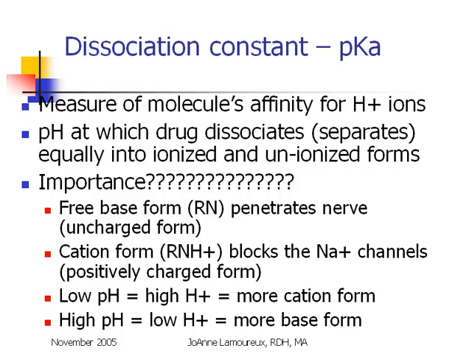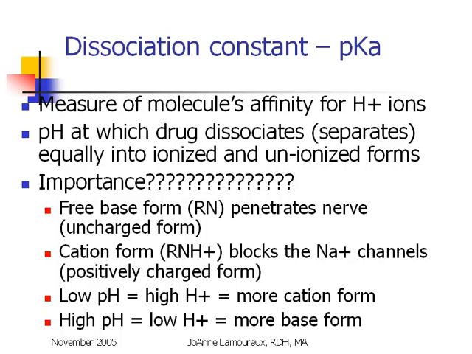As I mentioned, in the solution, the local anesthetic exists simultaneously in a certain ratio of free base molecules to cation molecules. And the pKa of the drug determines how many of these molecules will be free base and how many will be cation. This is determined by something called the dissociation constant.